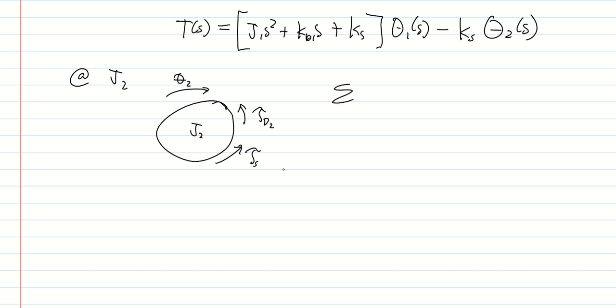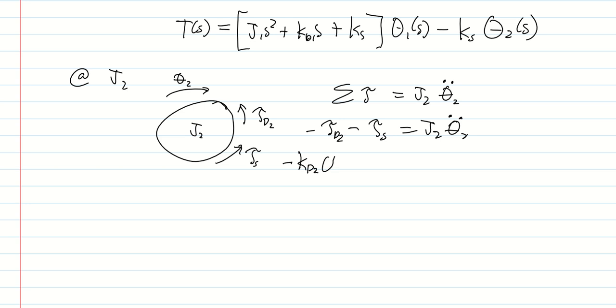Then we apply again the summation of tau, and this should be equal to J2, and this time, instead of theta 1, it is now theta 2 double dot. So what are the taus? We have negative tau due to damping minus tau S equals J2 theta 2 double dot. Then what is tau D2? This should be negative, times the constant KD2, times the velocity, or theta dot, first derivative, because this is 2, so theta 2 dot of t.